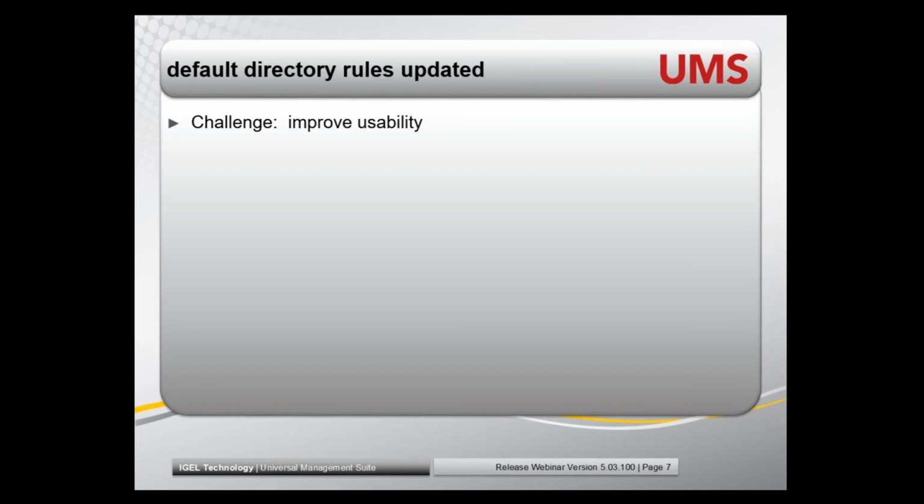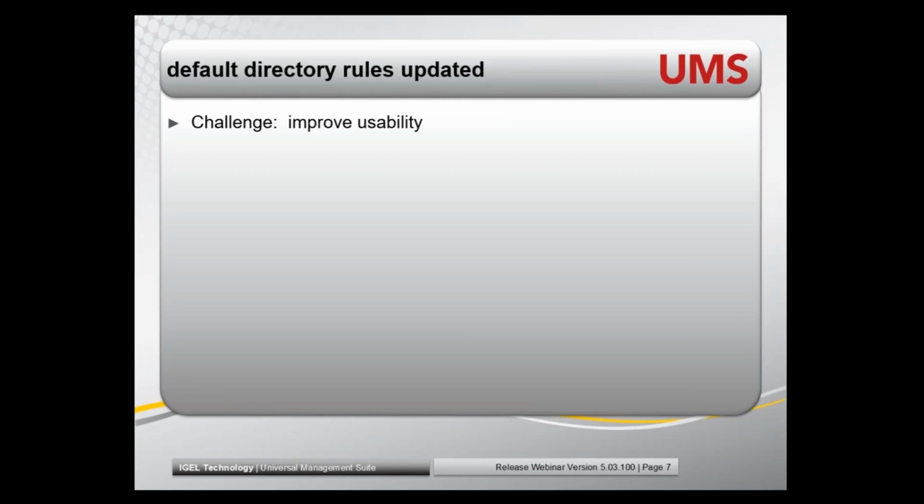It's also possible to create a default directory so that a thin client, based on a rule, maybe an IP range or whatever, will jump into a special folder. So all thin clients in a special IP range between this and that IP address will go into the folder IGEL sales, pre-sales or whatever, and get all the settings that are assigned to this folder.